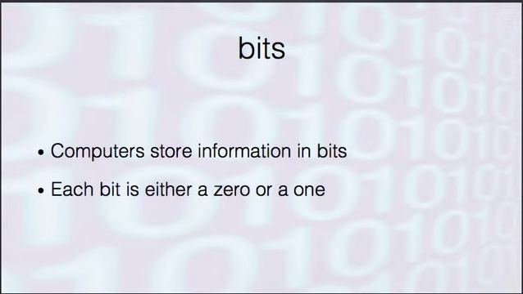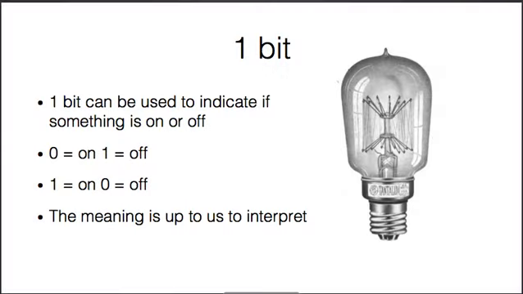So computers store information in bits, and each bit is either a 0 or a 1. By convention, we say 0 or 1, but it could be anything. That's just how we like to do it. A bit can indicate if something is on or off.